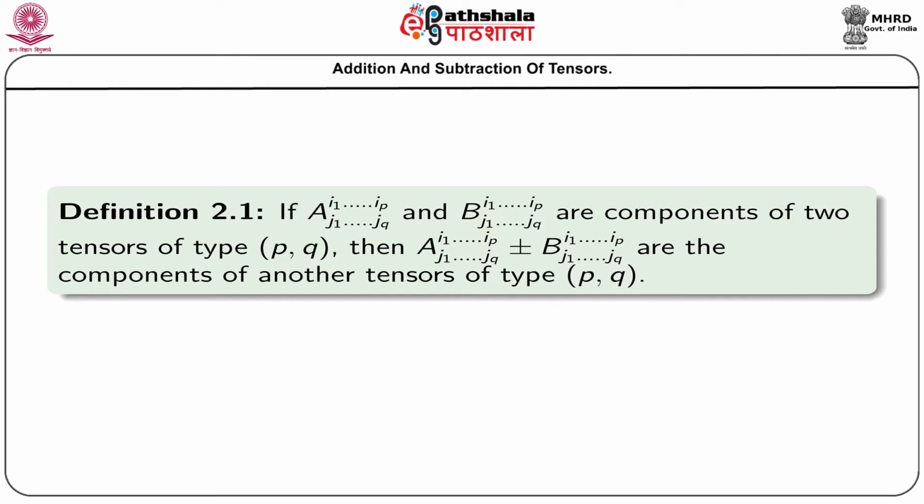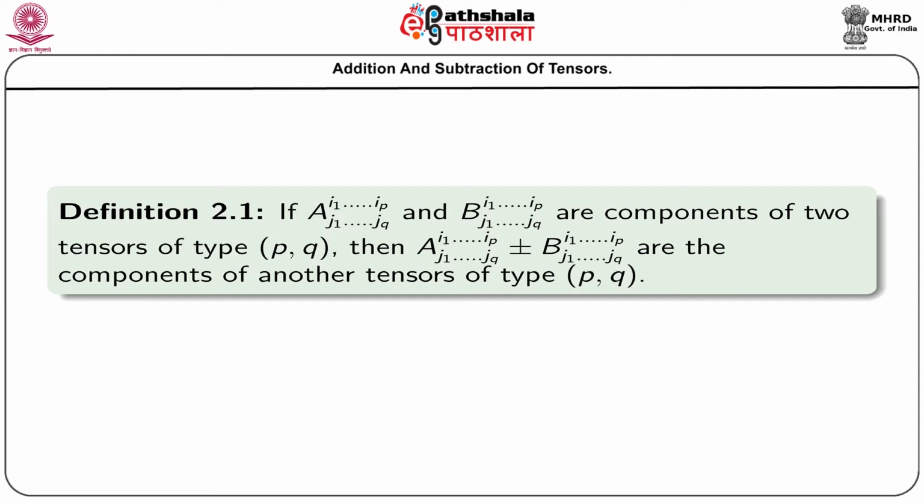Now, addition and subtraction of tensors. If A I1, I2, IP and J1, J2, JQ and B I1, I2, IP and J1, J2, JQ are components of two tensors of type PQ, then addition or subtraction of the components will also form another tensor of type PQ.